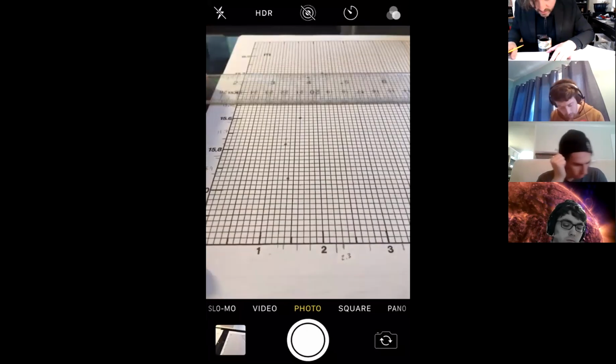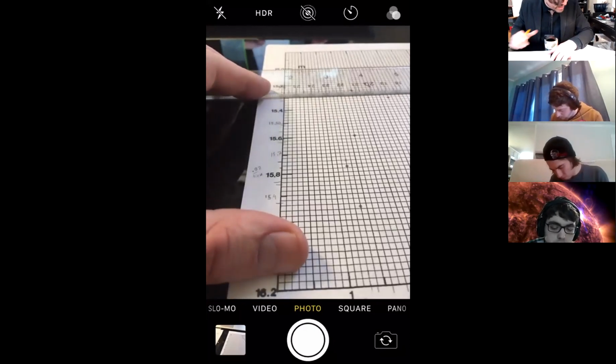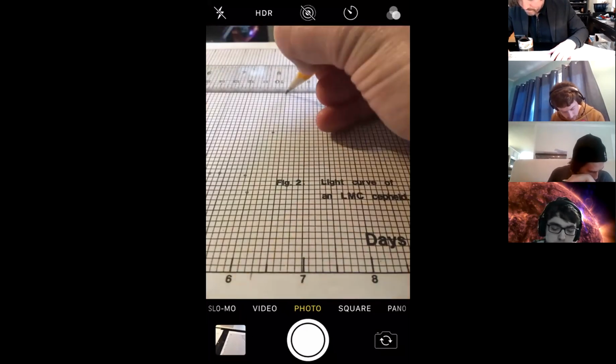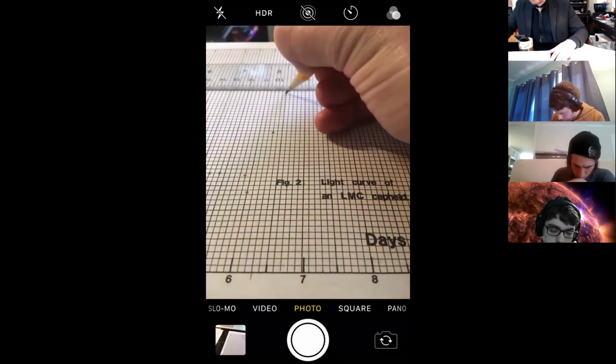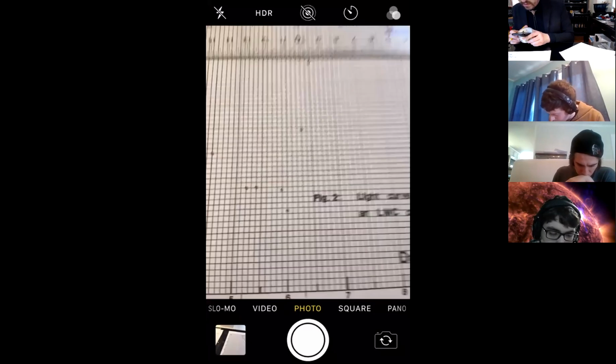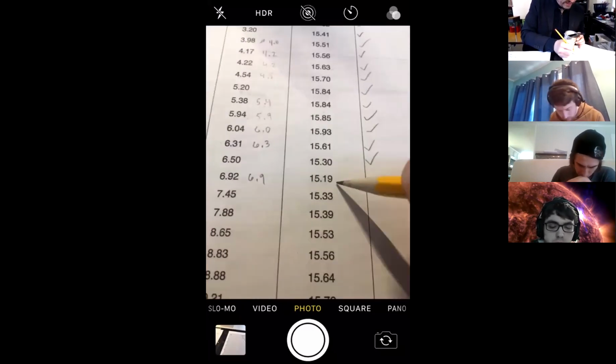6.5 and 15.3. 15.3 is way up here, and 6.5 is right here. That was easy. 6.9 and 15.19.